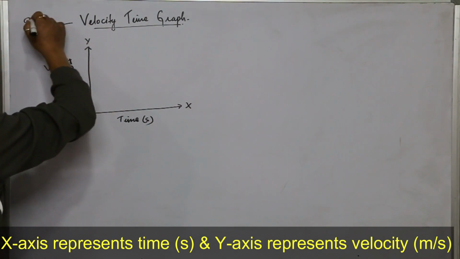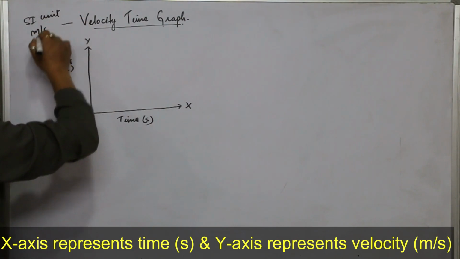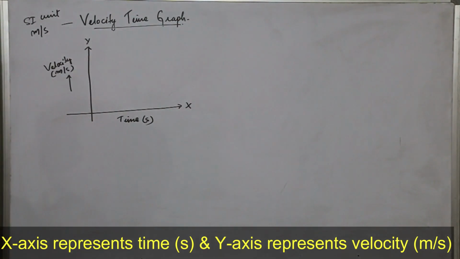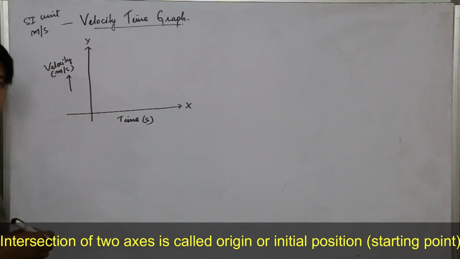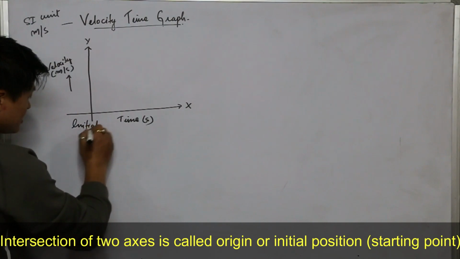So SI unit of velocity is meter per second. And where these two axes meet, this is called the starting point or the initial position.